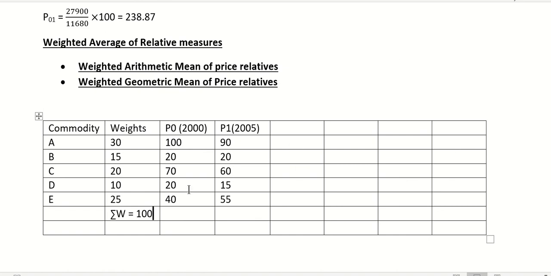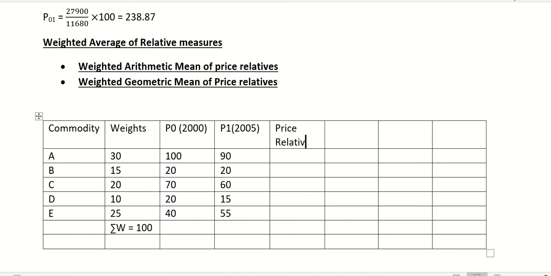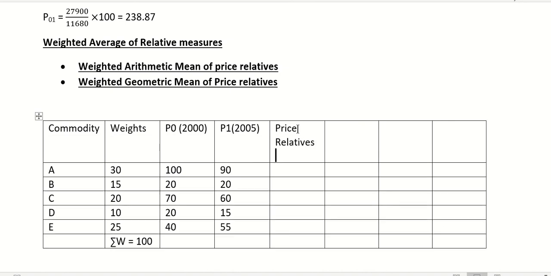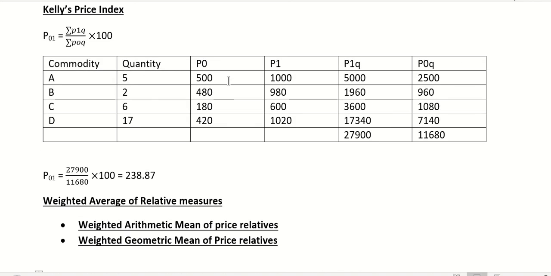Next thing, this would be the information which would already be given to you, right? From this information we will calculate both the weighted arithmetic mean of price relatives and the weighted geometric mean of price relatives, right? So the first thing we need to calculate is price relatives.